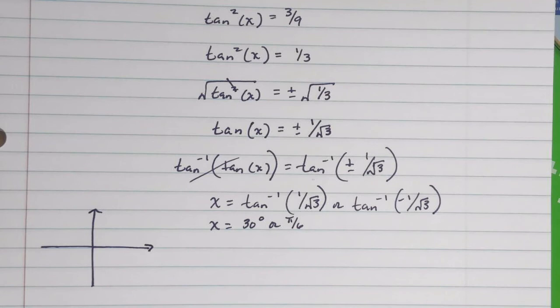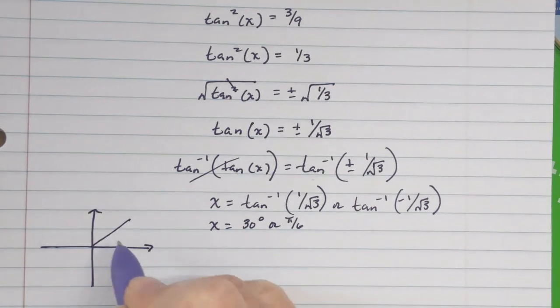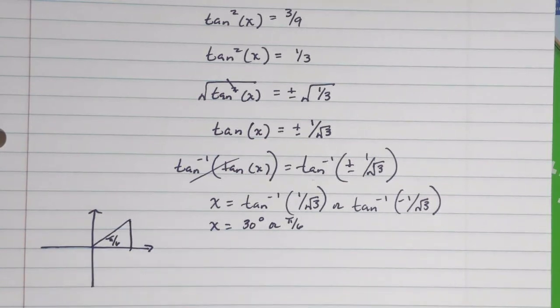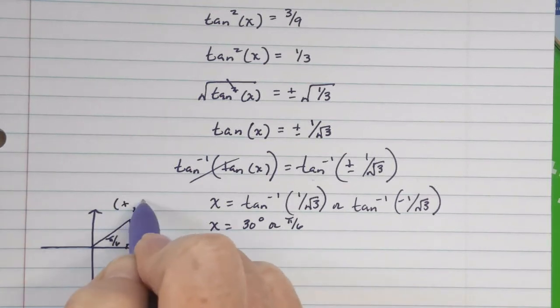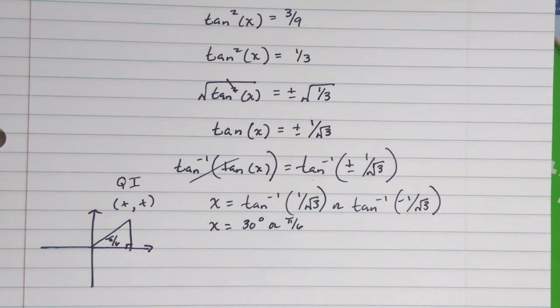So let's look at a picture. So that's giving a reference angle of pi over 6. So that's one angle, because tangent is positive in quadrant 1. But tangent is also positive in quadrant 3, because a negative over a negative is positive.